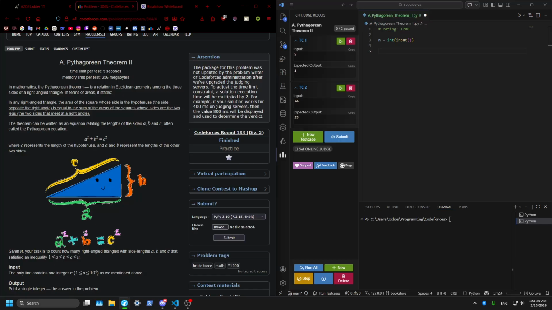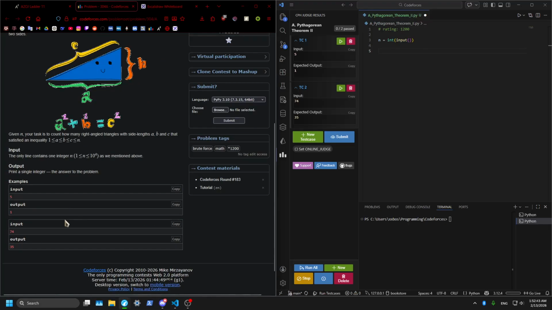We can assume decimals count, because if they don't count, then I don't really understand how you figure out the... let me think. The real question is, how do they get 35?